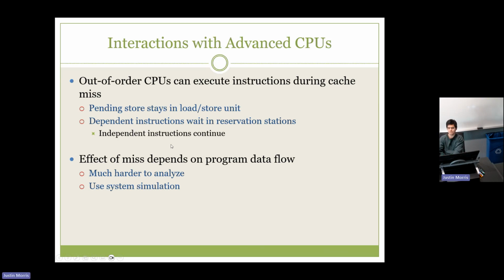During those 100 cycles, a new thread comes in and uses up the CPU during that time. So this is what makes it harder to analyze these programs, but you can use simulation, functional simulation, to figure out what the performance might be.